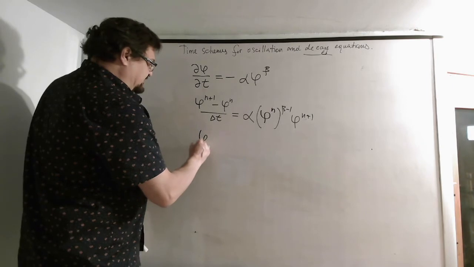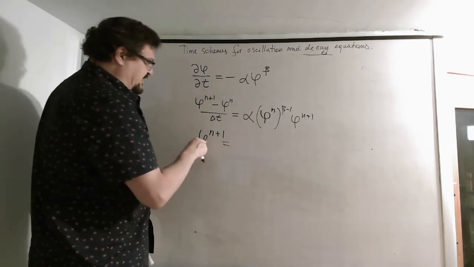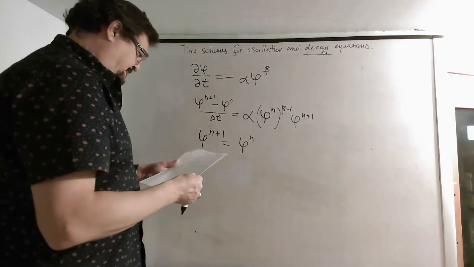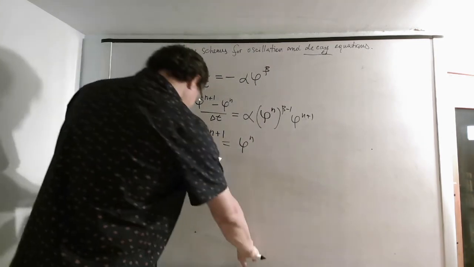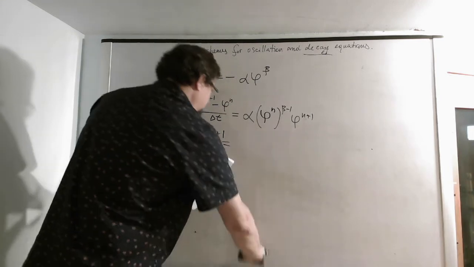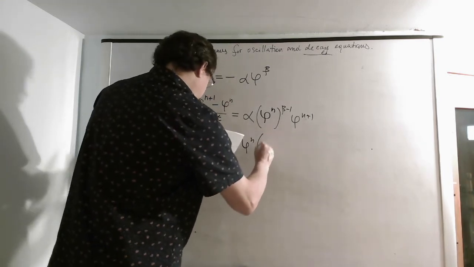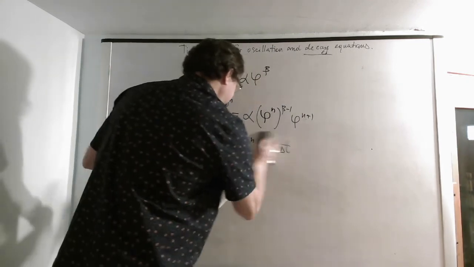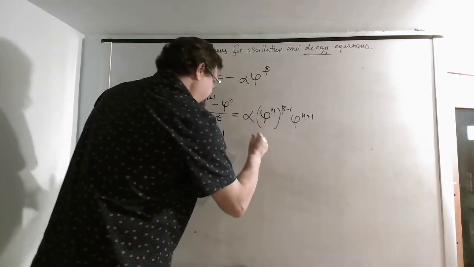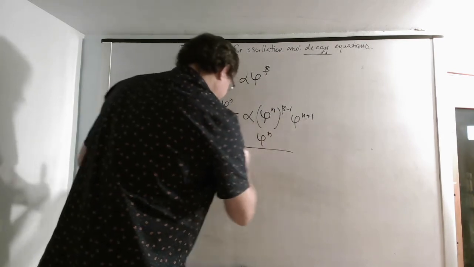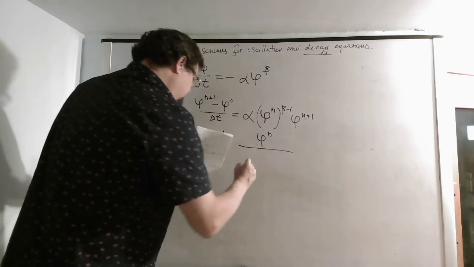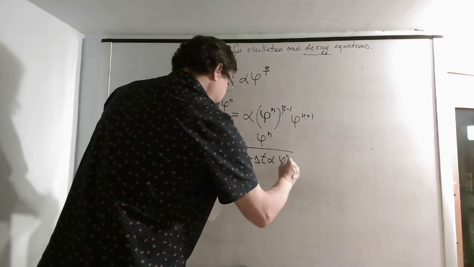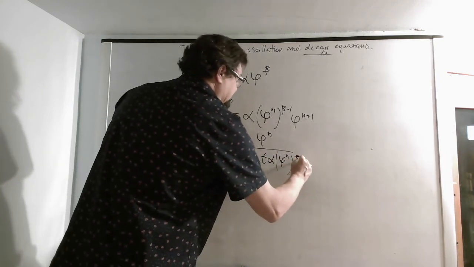And if you write it in a different way, you have phi n plus 1 equal to phi n divided by 1 plus delta t alpha phi n to the power of beta minus 1.